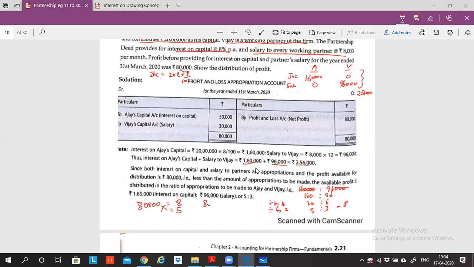And if 80,000 is equal to 8, then how much is it equal to 3? Cross multiply. So this will be 80,000 into 5 by 8, and 80,000 into 3 by 8. You will get 50,000 and 30,000. Are you able to follow? How do we do this? Yes, sir.